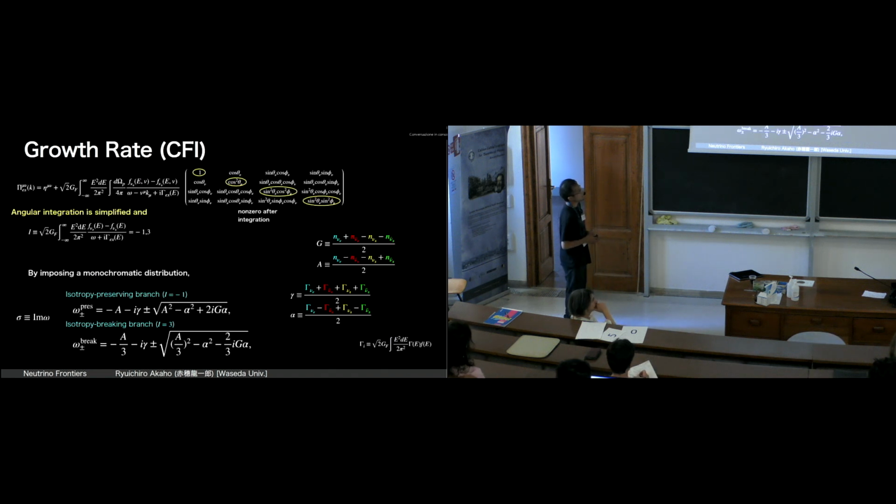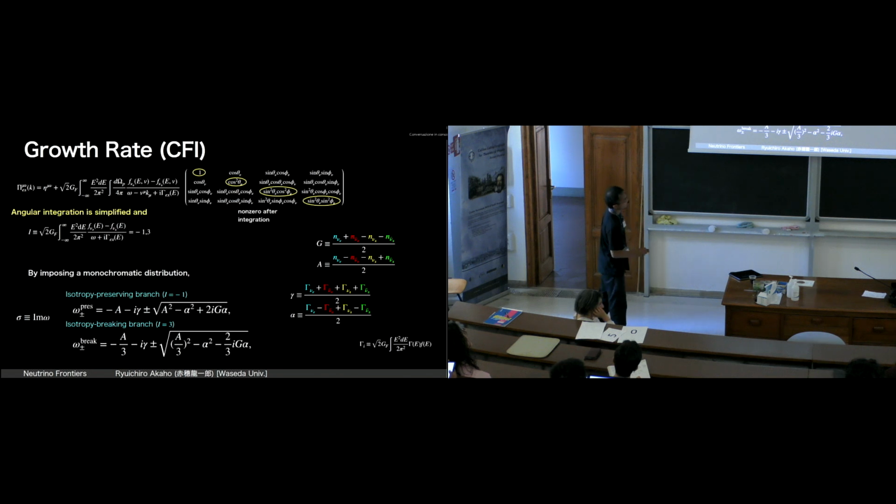And the growth rate of the collision flavor instability is given by the earlier analytical formula, and this sigma is the growth rate, and it is given by this omega, which is given by this rather complicated formula, but these variables A, G, alpha and gamma are given like this, where this N nu E denotes the number density of the electron type neutrinos and anti-electron type neutrinos, and the nu X and nu X bar.